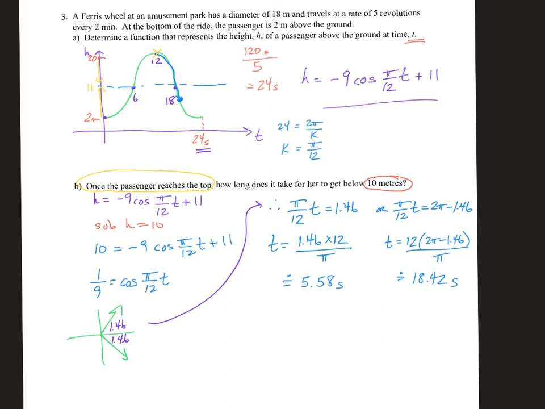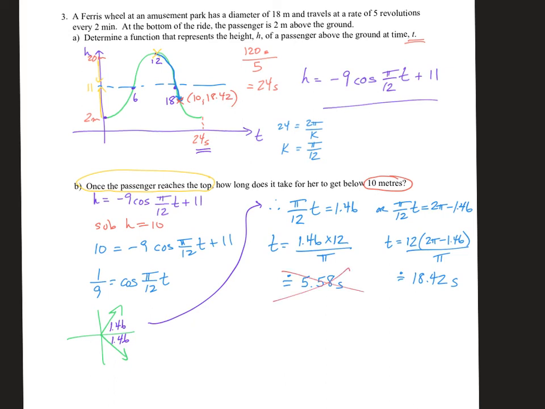How long does it take to do that blue portion on my graph? Well, right now, you should be able to tell me, if 12 seconds is when I hit the top, and the point that I'm looking at is right here, that being 10 meters, we solved for that in part B, that this position is your 18.42.